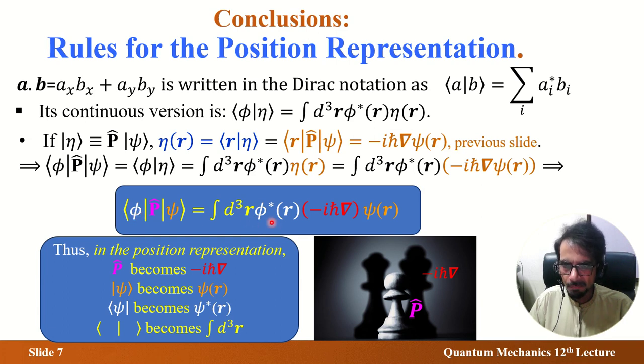That means the bra becomes complex conjugate wave function, and I've deliberately replaced the letter phi with psi, because you should be mentally flexible. It's not necessarily phi. There's nothing special to the letter. Whatever it is, you call it phi, you call it psi. What is in the bra becomes a complex conjugated function, which in quantum mechanics is commonly called wave function.